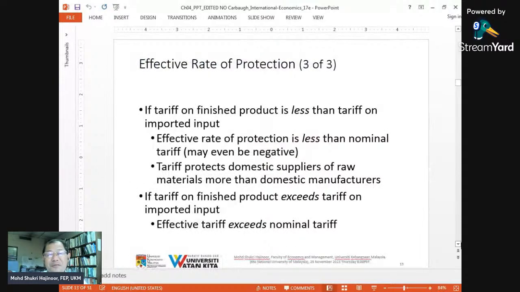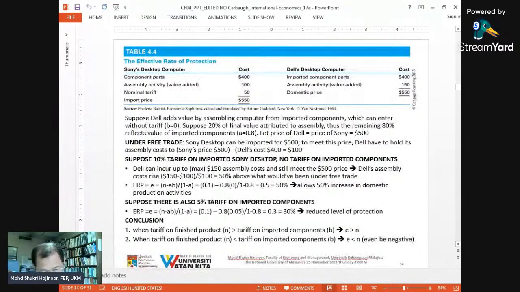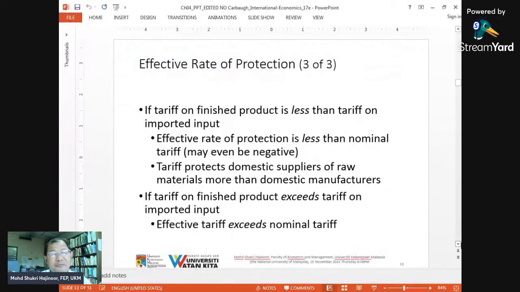This is what we're going to conclude. If the nominal tariff on the finished product is less than the tariff on the imported input that goes inside the finished product, the effective rate of protection turns out to be less than nominal, and may even be negative.